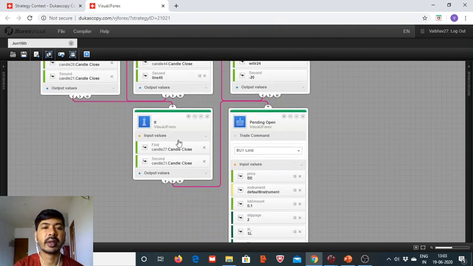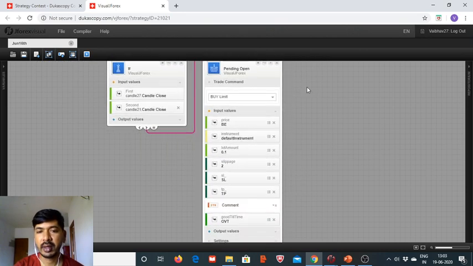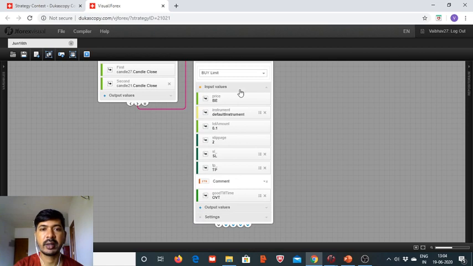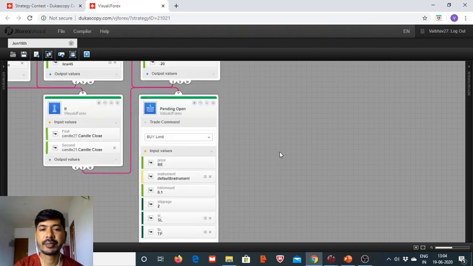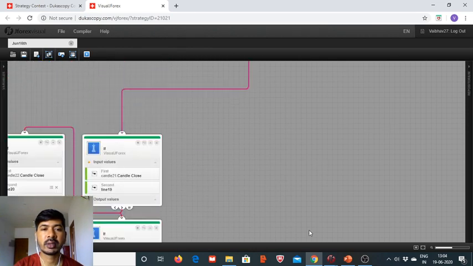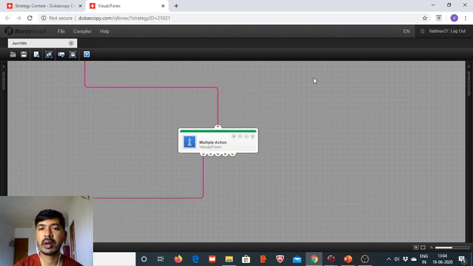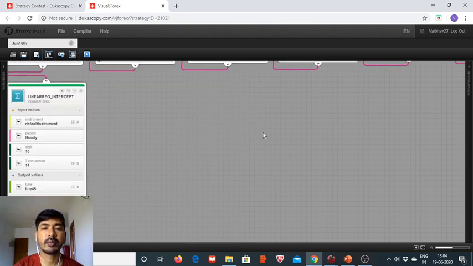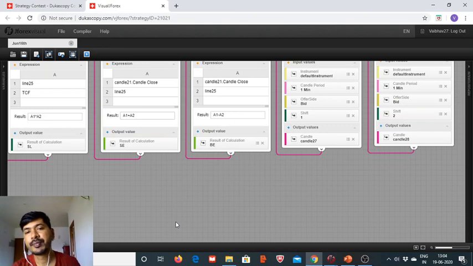Then this is the exact entry point, and then comes the buy side trade by limit. So now is the time to try and develop the sell side. So here we are.